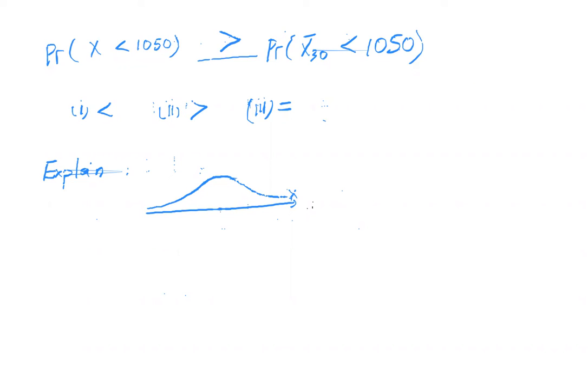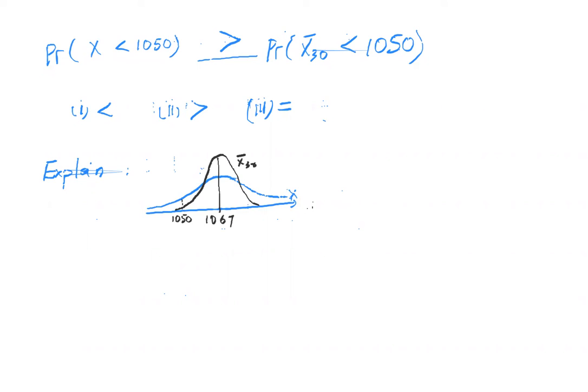Sketch the graph: this is your mean, 1067, so 1050 is around here. This is your X bar 30.